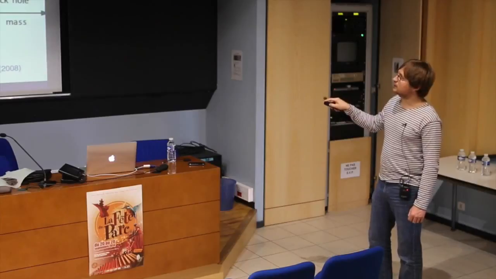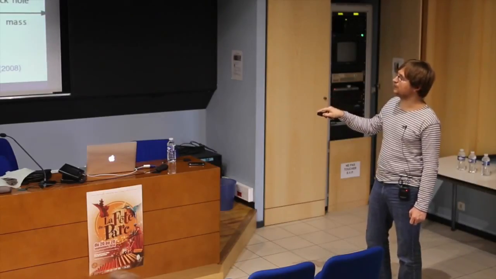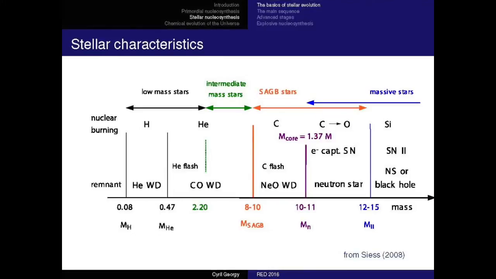These low mass stars will be able to go through hydrogen burning, and for the very lowest mass ones, up to roughly 0.5 solar mass, they will not even be able to ignite anything after the hydrogen burning. So they will basically stop their life after hydrogen burning and produce a helium white dwarf.